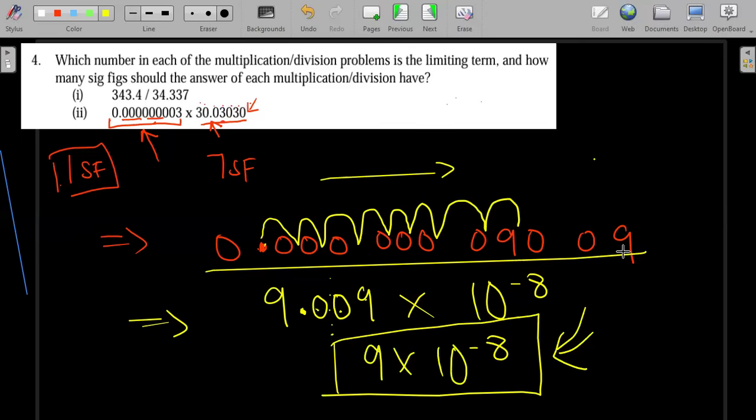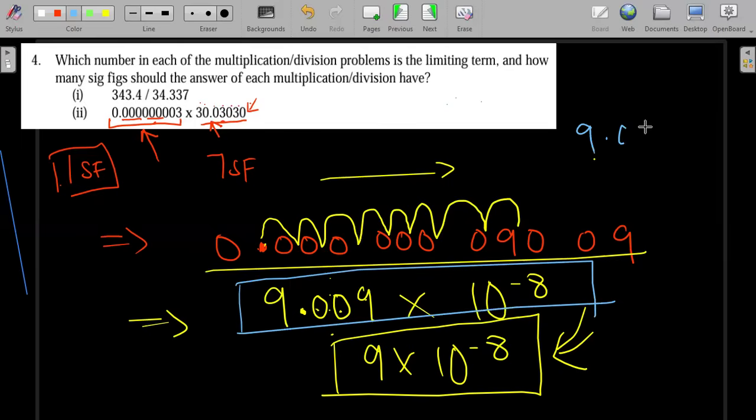Yes, can you come back a little bit, just from 9.009 multiplied by 10 to the exponent minus 8? Can you explain a little bit from there? Okay, so when I move this point, we got this number I'm highlighting in blue. Now I have to round off the 9.009 so that I remain with only one significant figure.